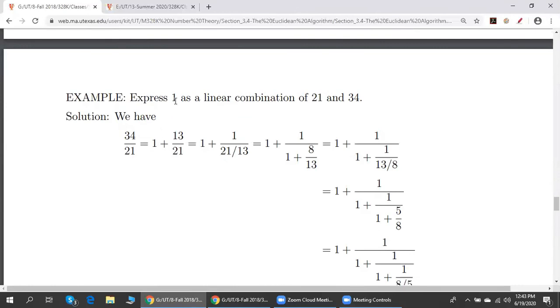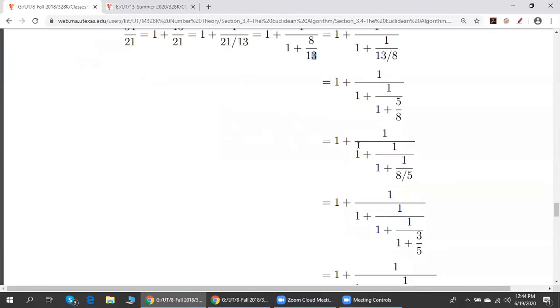Similarly, express 1 as a linear combination of 21 and 34. 34 over 21 is 1 plus the corresponding proper fraction. We flip. We rewrite this as 1 plus the corresponding proper fraction, and so on and so forth. We stop when we get 1 on the top.